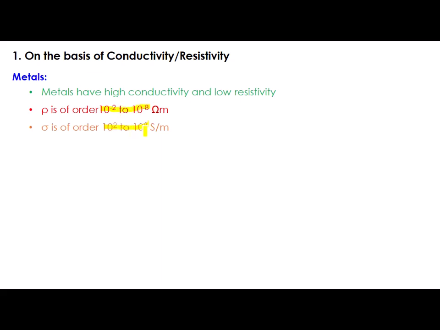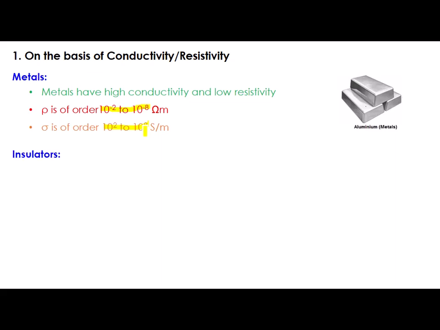So, you can specify either resistivity or conductivity to classify whether a solid is a metal or not. Examples of metals are aluminum, copper, and bronze. Those are very good conductors.